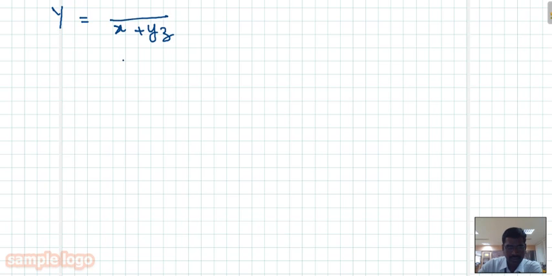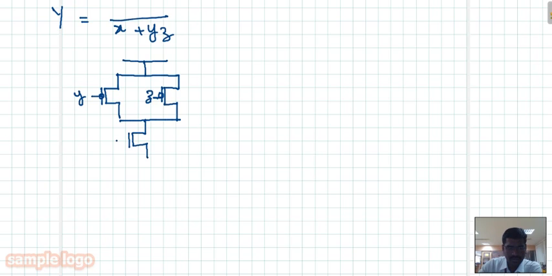If you draw this CMOS circuit, these were y and z, and here these were x, and these were y and z, connected to ground.